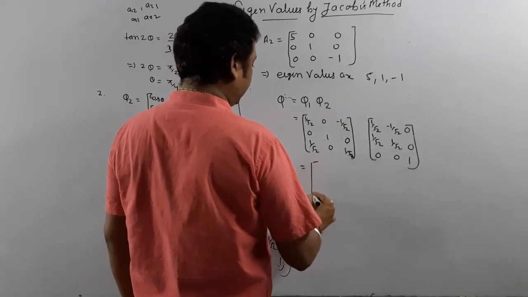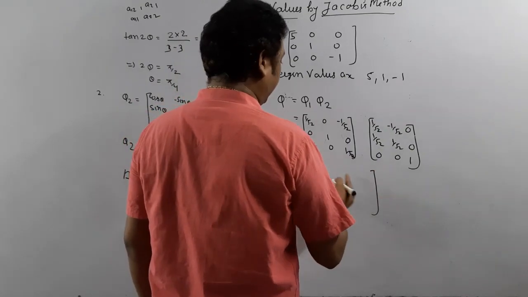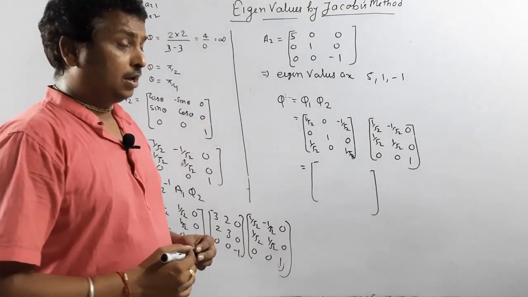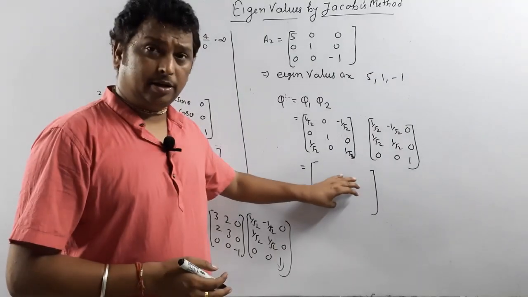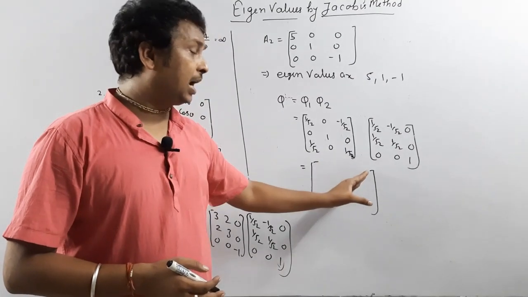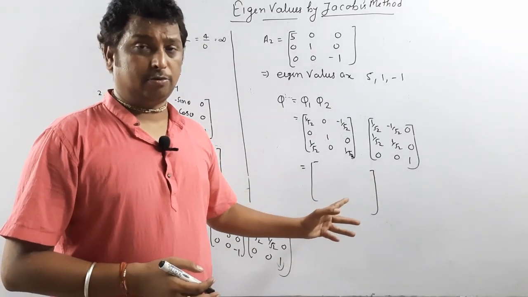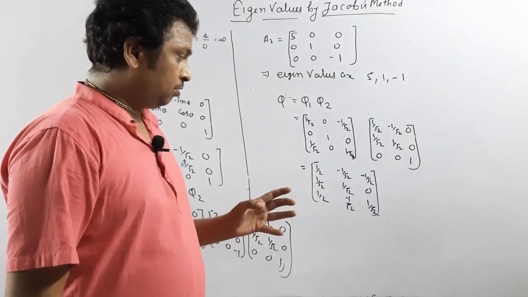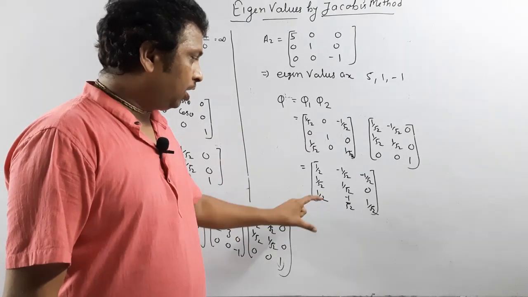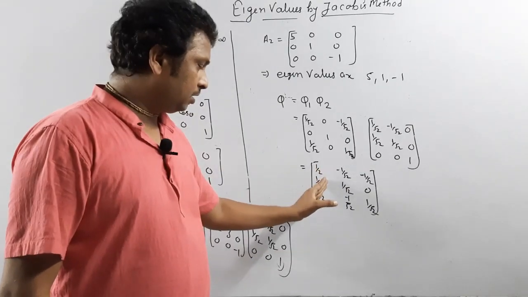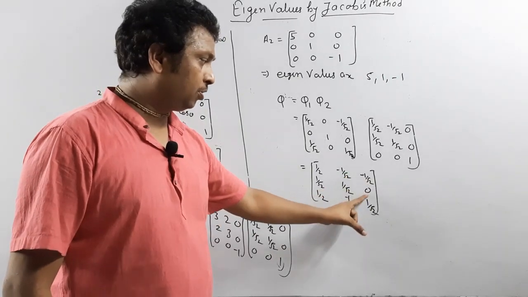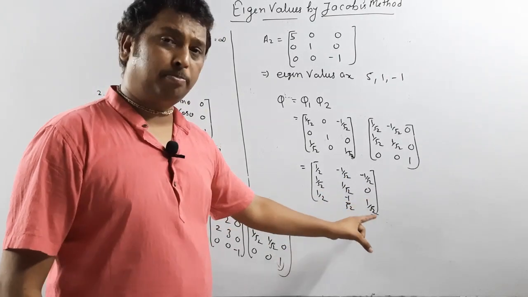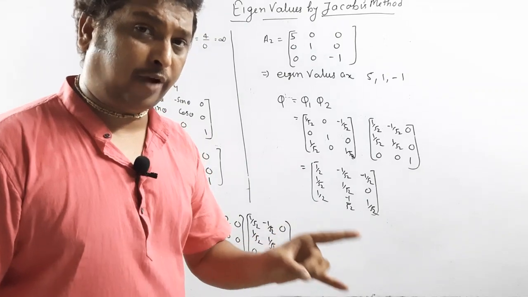Multiply, and you will get one matrix, and whatever columns we get, the columns denote the eigenvectors. This is your first column, this is your second column, this is your third column. These columns denote the eigenvectors.